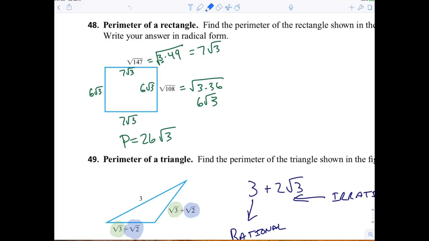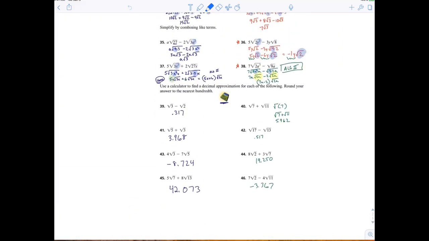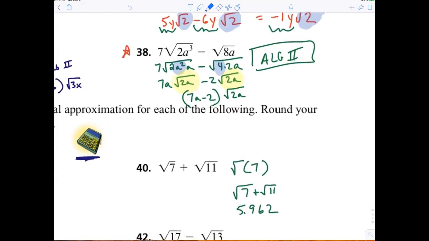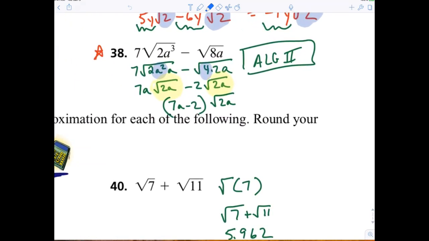All right, very good. Somebody else? Yes, good for you, 38. Let's look at 38 real quick. This one was kind of like 37, and I always try to remind kids, I think this one's a little bit harder.